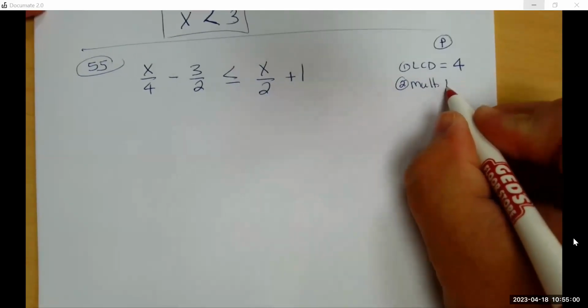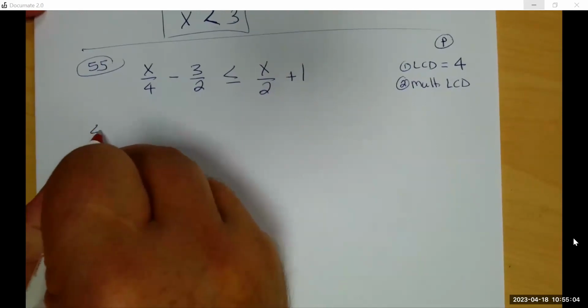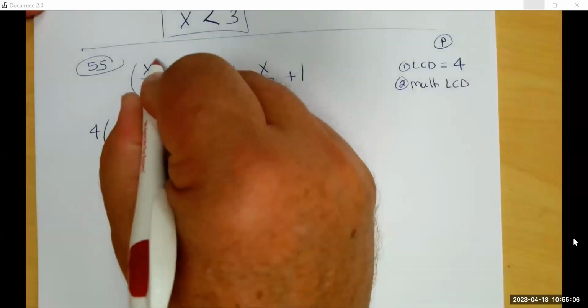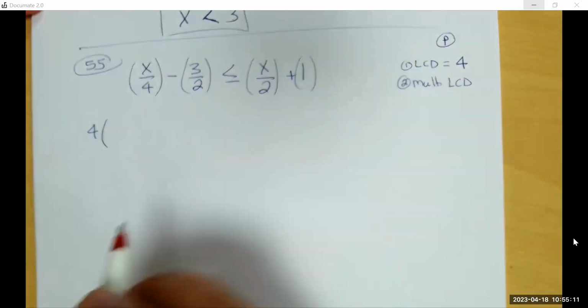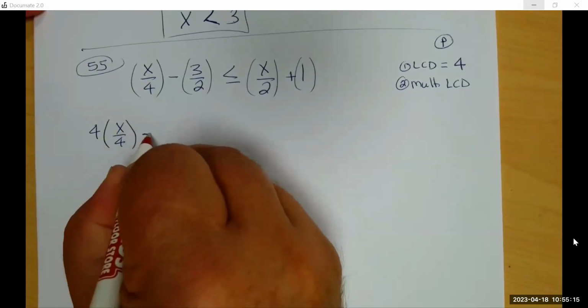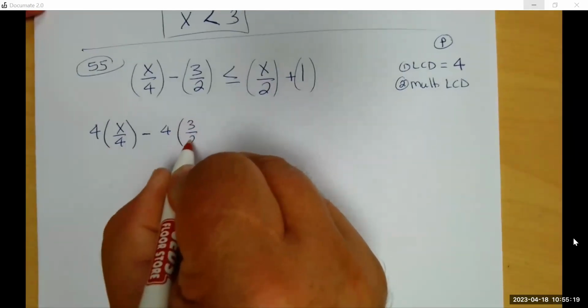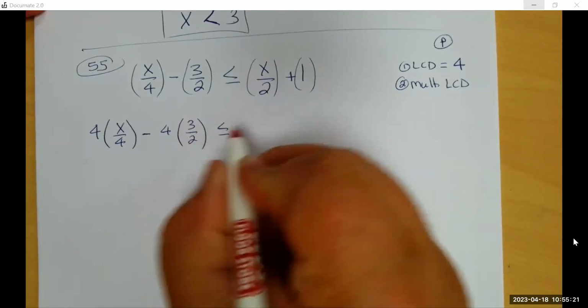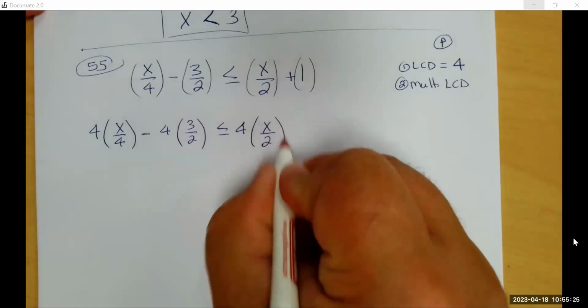Multiply the LCD to each term. So we have 4. This is the first term, this is the second term, third term, fourth term. x over 4. Just put 4 in front of each of those parentheses. You're multiplying.